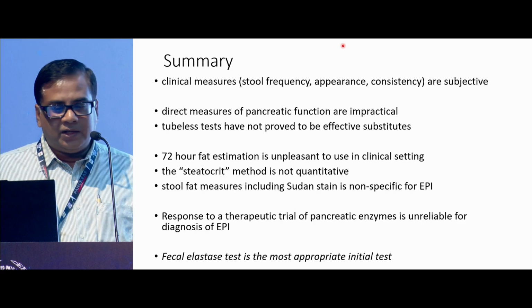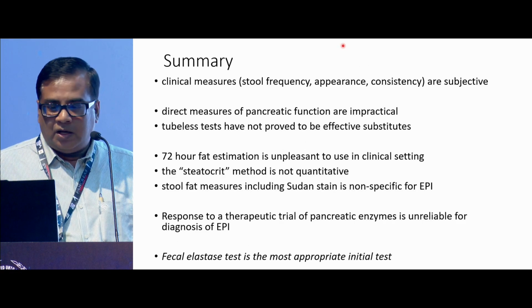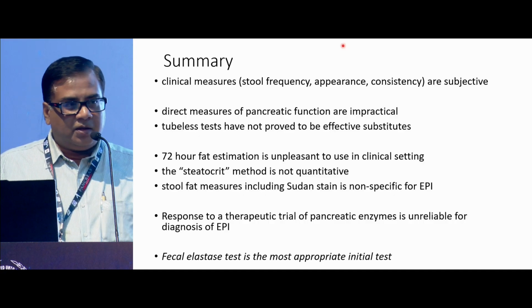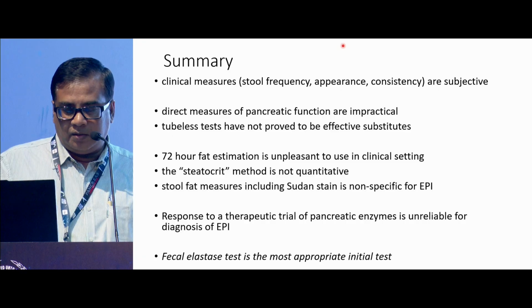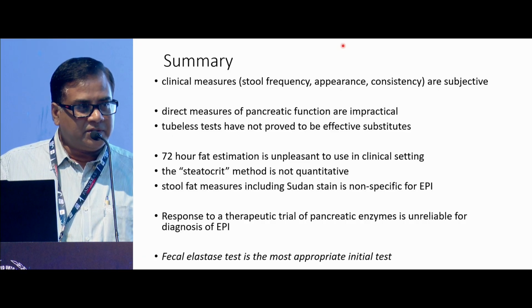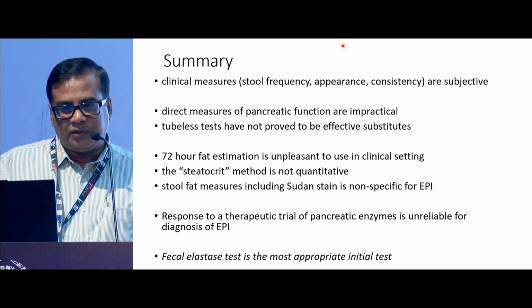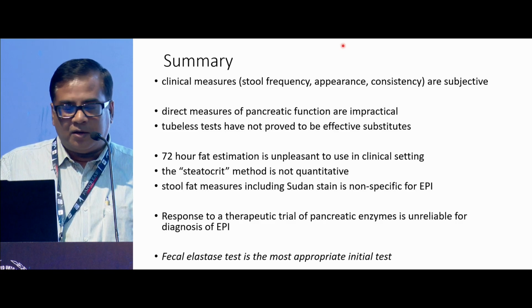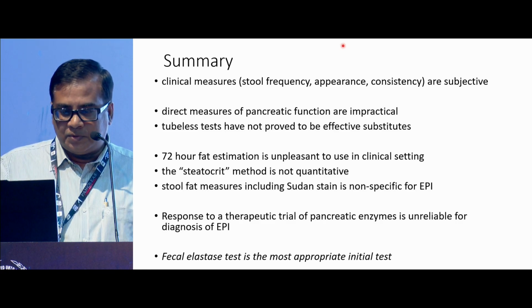To summarize, clinical measures, that is the stool frequency, appearance and consistency of the stool, are subjective, and need not only be due to EPI. The direct measures, while being very sensitive, are impractical, being invasive and difficult to use. The tubeless alternatives like the bentiromide test and pancreolauryl test are not effective substitutes and have become obsolete.